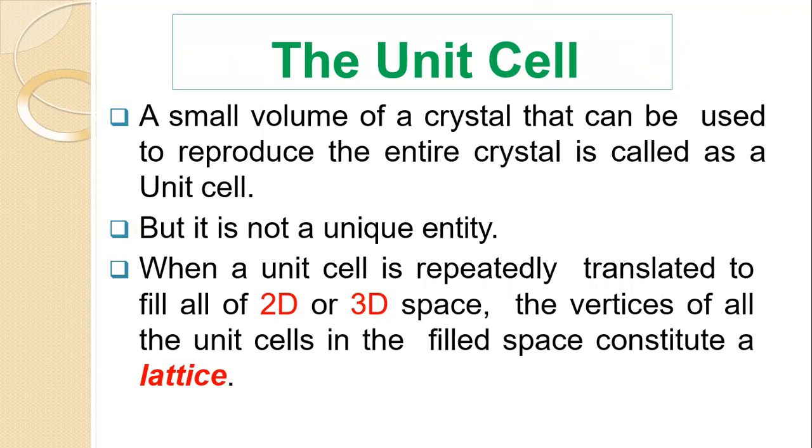That is known as a lattice or space lattice. So from the unit cell, we obtain the crystal structure called a space lattice, that is formed by the filled space between the crystals.